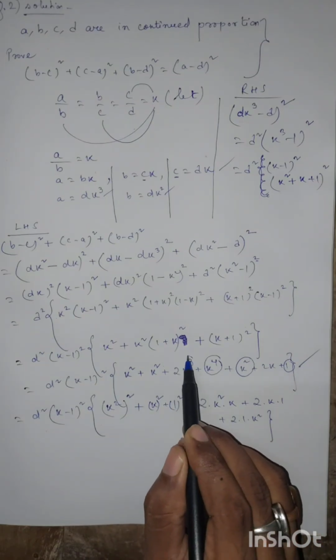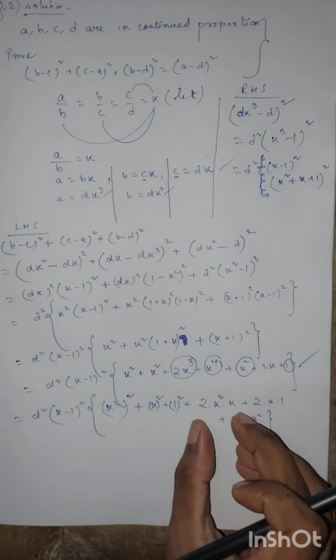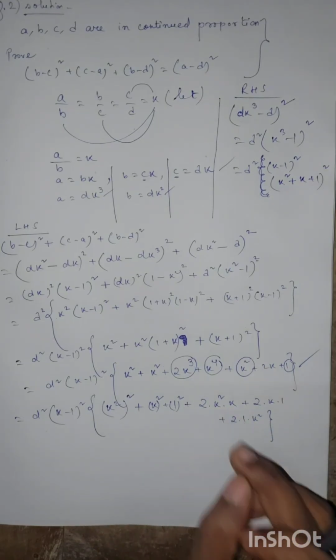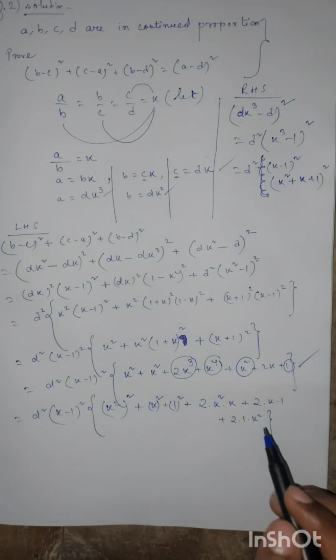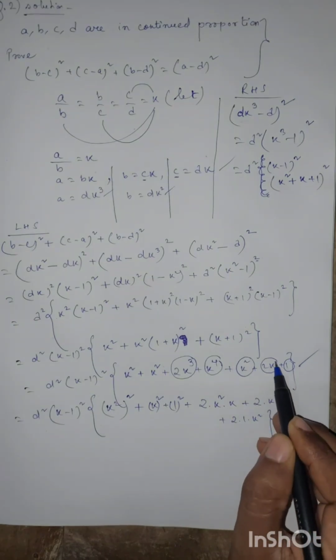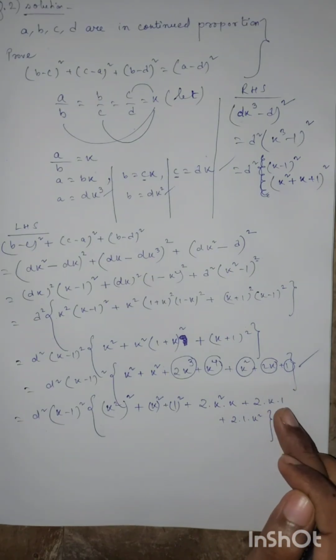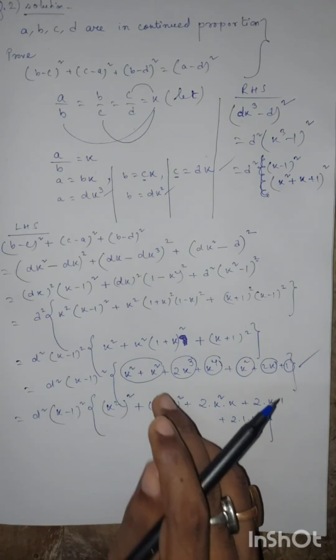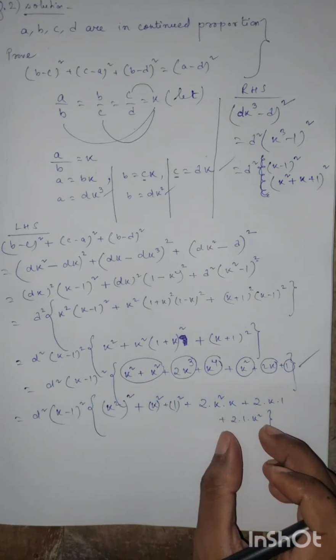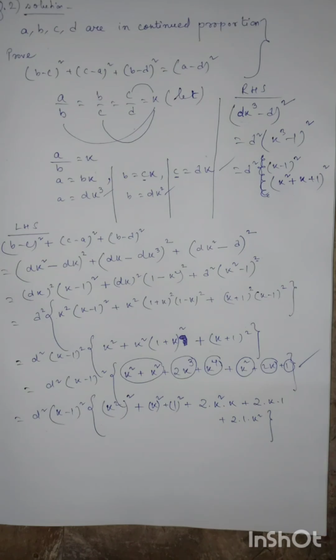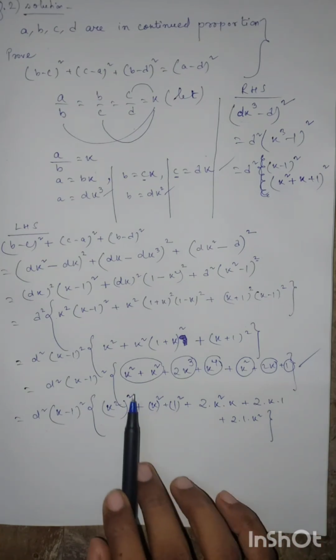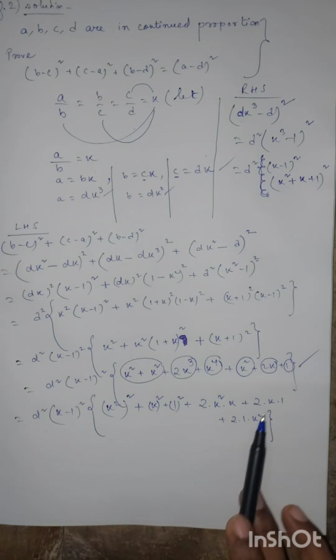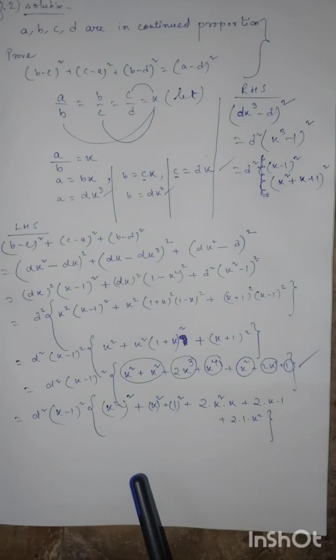2k cube can be written as 2k square into k, 2k can be written as 2 into k into 1, and k square plus k square can be written as 2k square into 1. If we write these things in this format, we can observe a pattern.